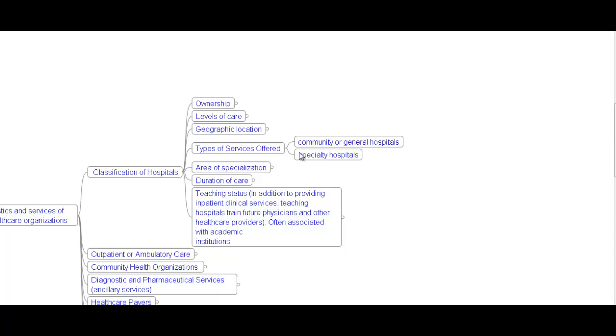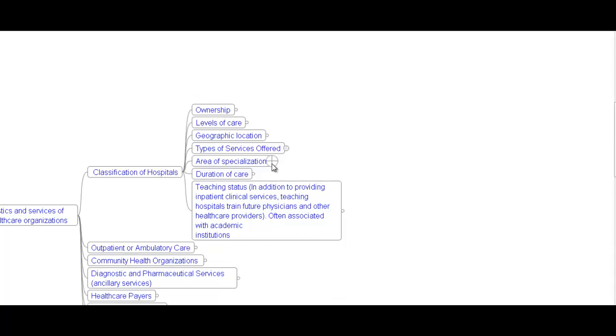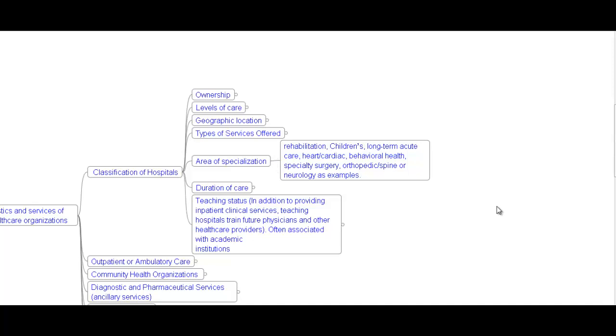Hospitals can also be classified based on area of specialization, like rehabilitation center, children's hospital, long-term acute care, heart, cardiac, behavioral health, specialty surgery, orthopedic, spine or neurology, as examples.